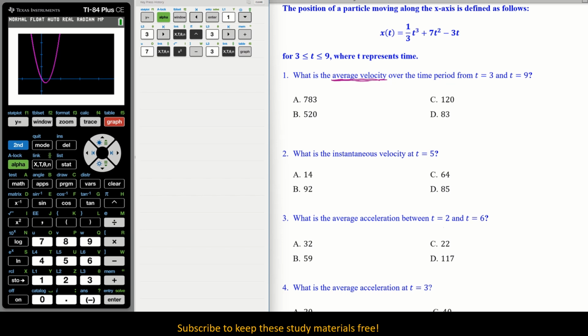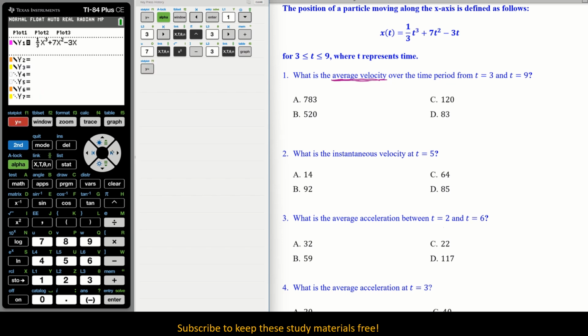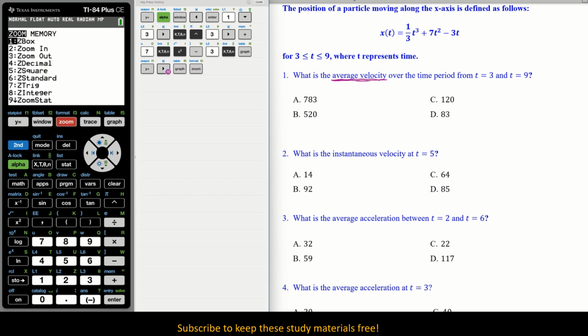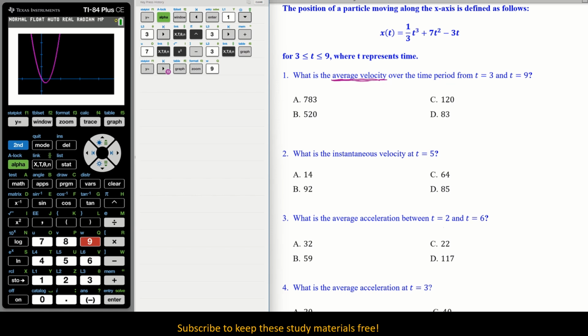Okay, looks like I didn't do that right. It says x to the third. Well, it looks suspicious. So let's zoom out and make sure I have that all in there. I'm going to graph it again, and let's say zoom. And let's go 9. Sometimes 9 works better.